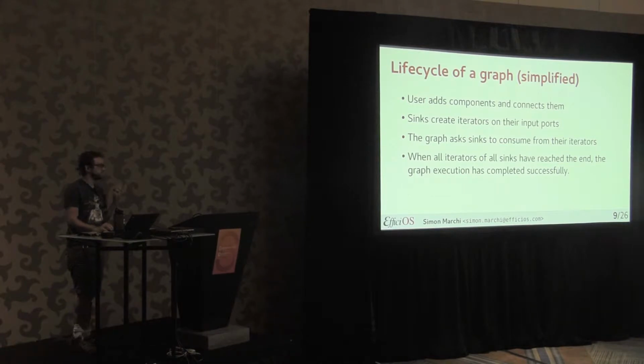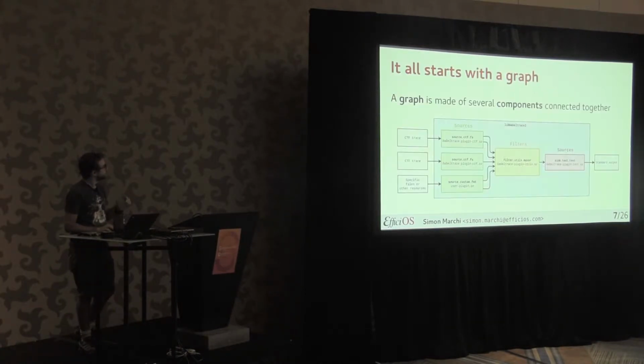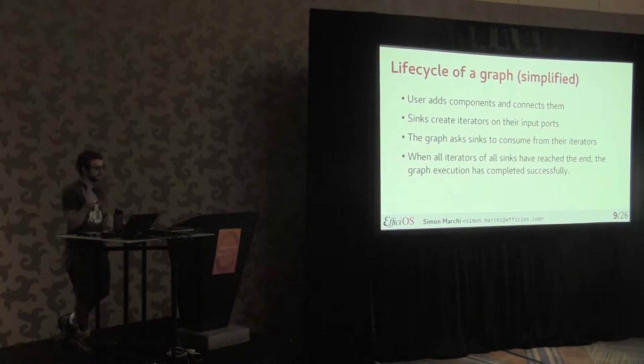The graph gives all of the sinks, the red thing, an opportunity to create iterators on their upstream components. That's what will let the sink ask for messages from its upstream component. So all the sinks create their iterators.